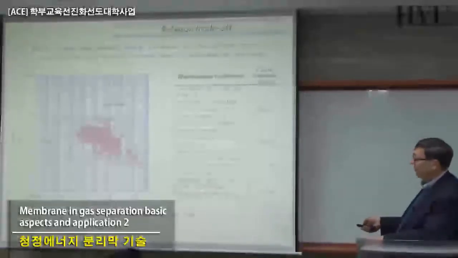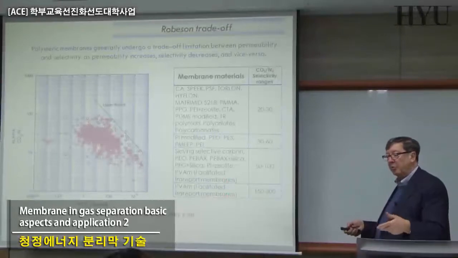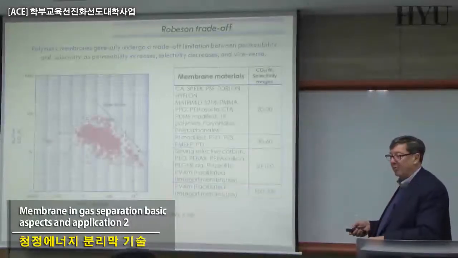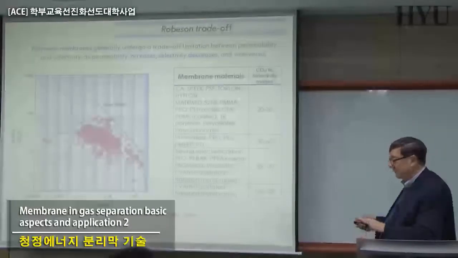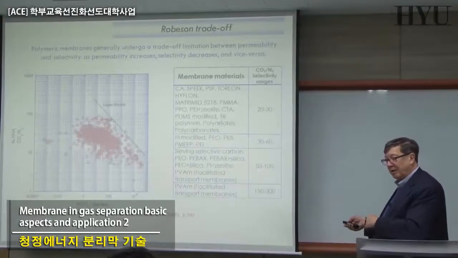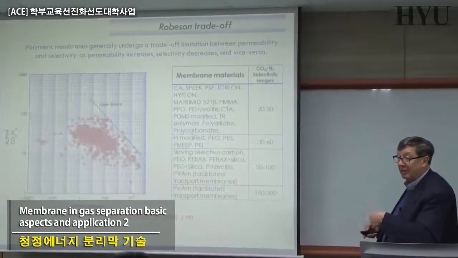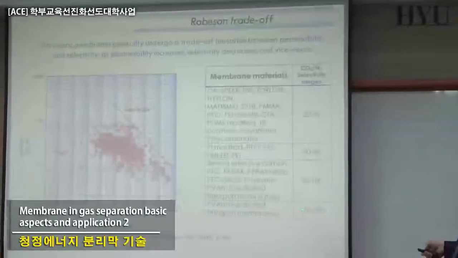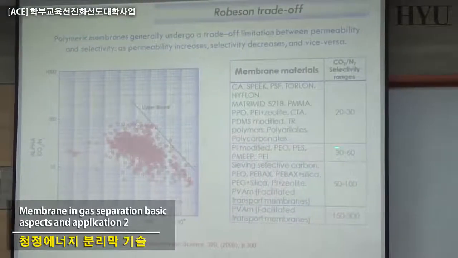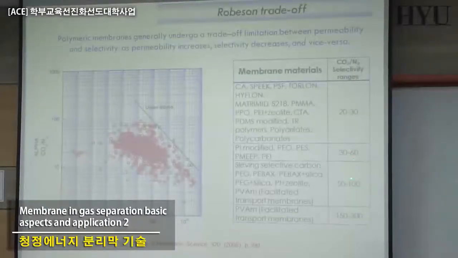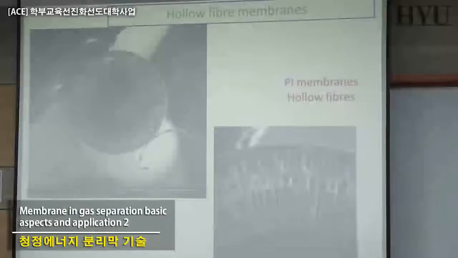Eventually, the last case, you can have facilitated transport. That means a liquid-supported membrane with some complexing agent, etc. You solve the problem of selectivity, but you have some other kinds of problems, eventually lifetime and so on. So forget this one at the moment. These are the two areas where you can approach the value of interest.